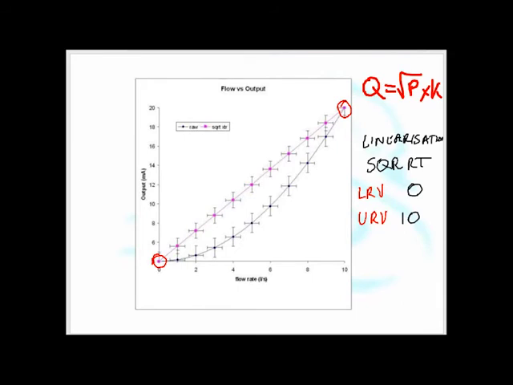This graph is showing the two possible characteristics. I've got the linear thing here. This is what I would get if I'd chosen square root linearization. If I'd made a mistake and mistakenly chosen linear linearization, this is how the flow meter responds, the bottom curve.